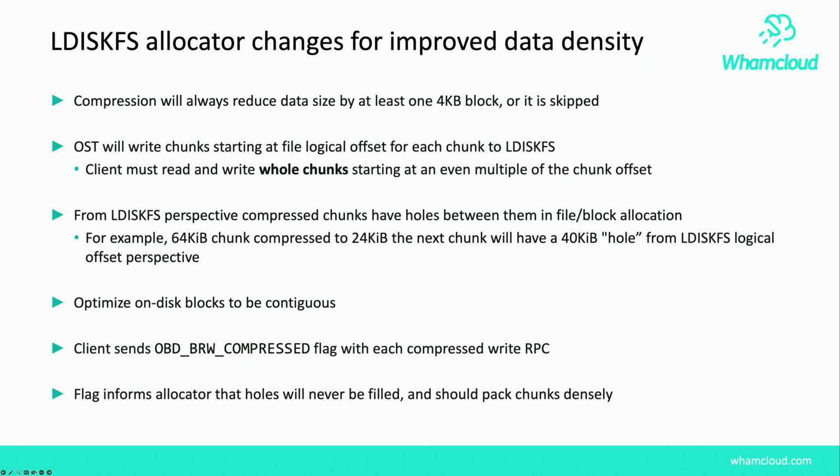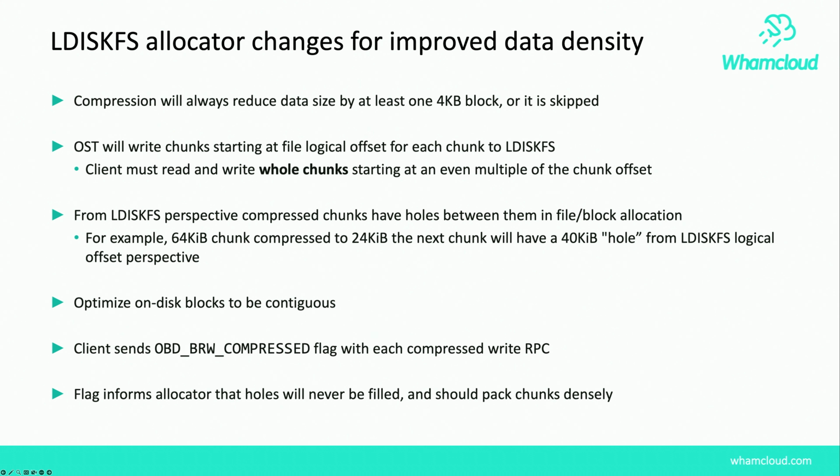So what we're doing is we're optimizing the on-disk blocks to be more contiguous, and at the same time we send a specific flag to the allocator via the RPC and notify the allocator that we're running with compressed data, because the allocator itself is just looking at the data as data. It doesn't recognize whether or not this is compressed.